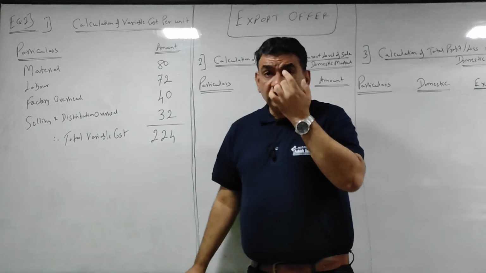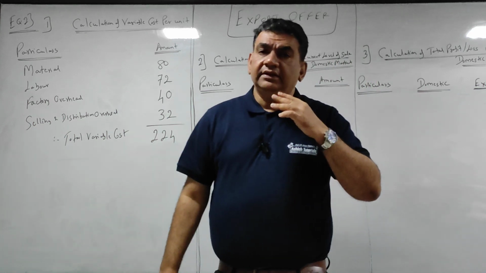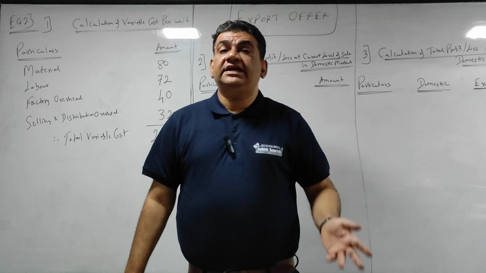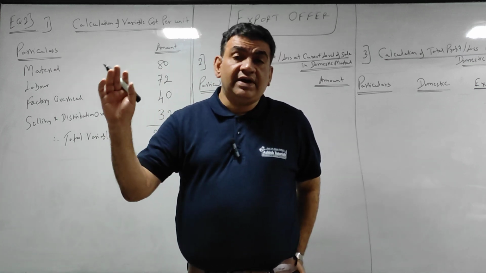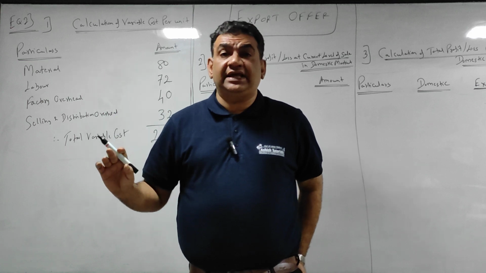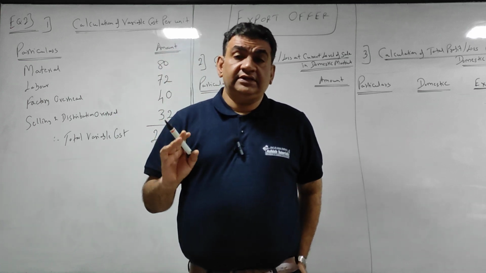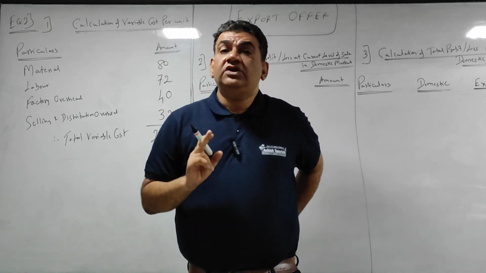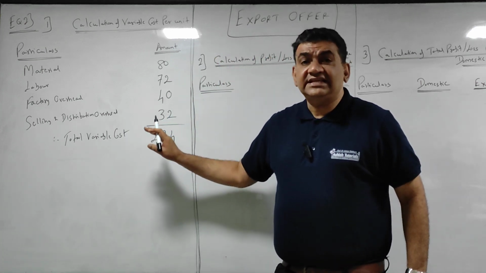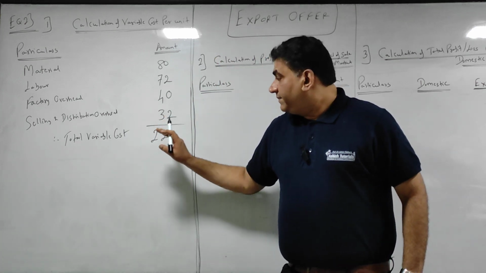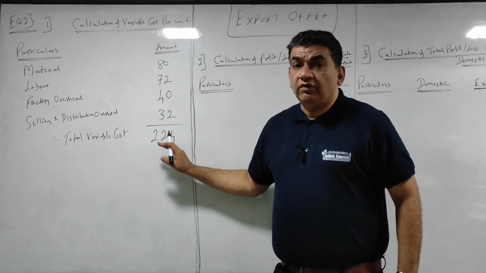Now guys, sometimes what happens in business is, if you are not incurring extra loss, then if you get a chance to capture a new market, you should go for it. And how will you come to know whether you are going to make extra cost or not? Variable cost. That's the reason I calculated this. My variable cost is 224.